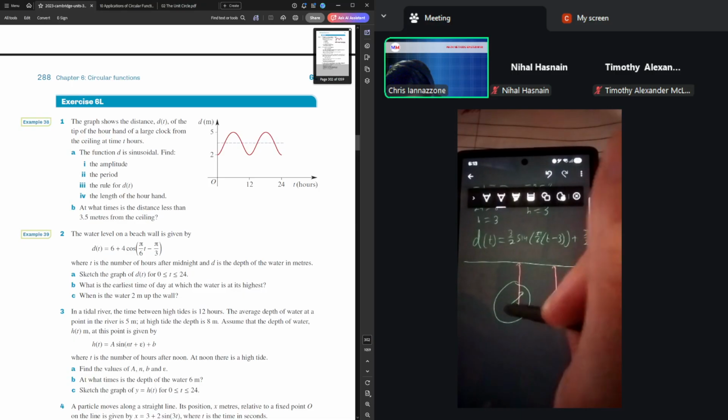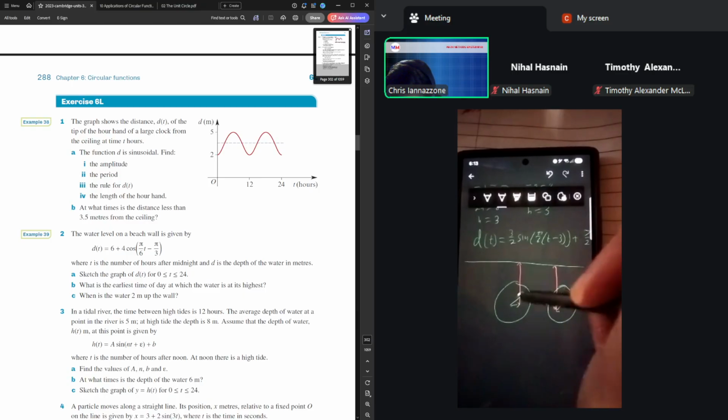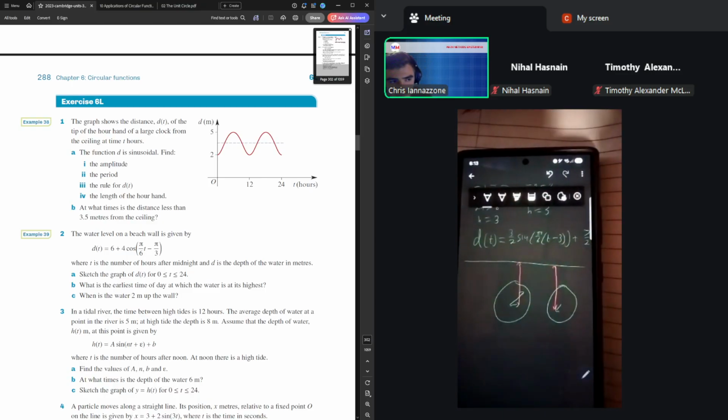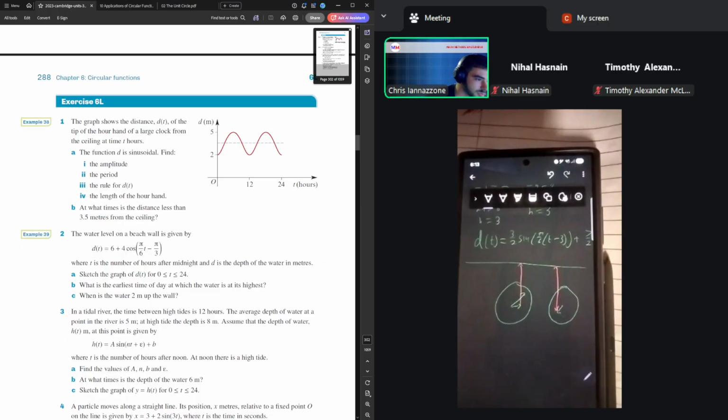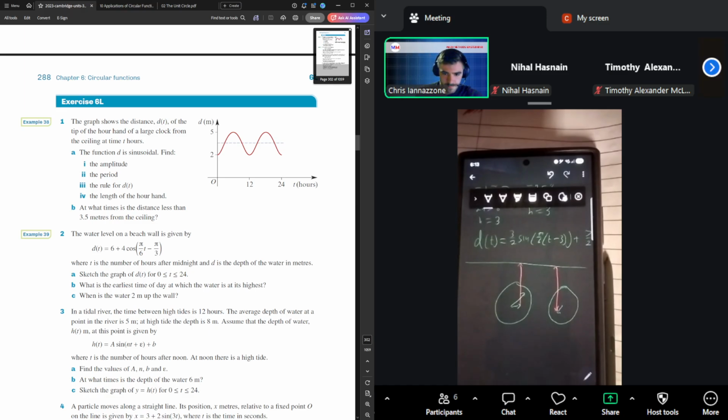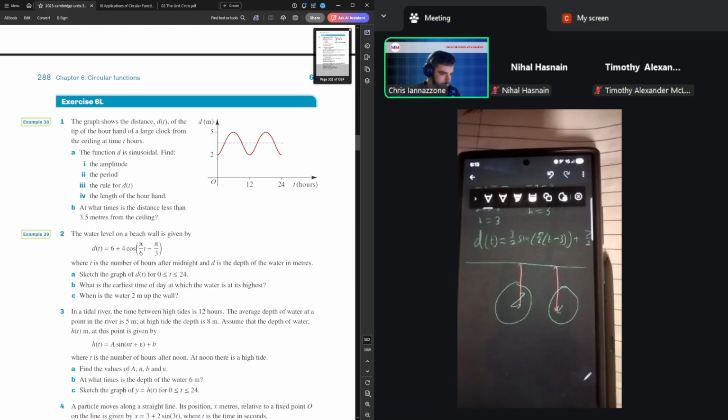There is one understanding that relationship will help you find the length of the hour hand. I'm curious if anyone can get it. And once you know this, you'll know it for every other application. Bit of a tough one.